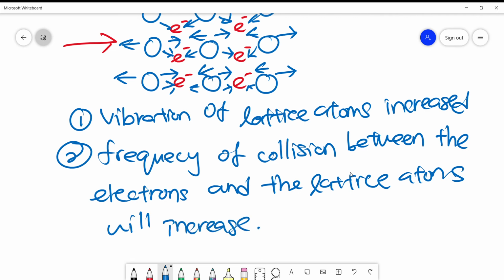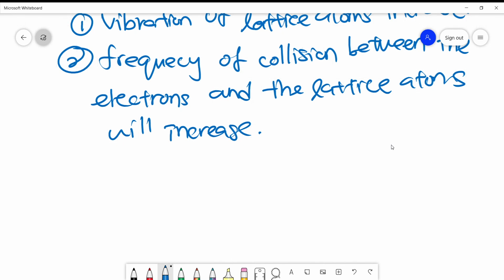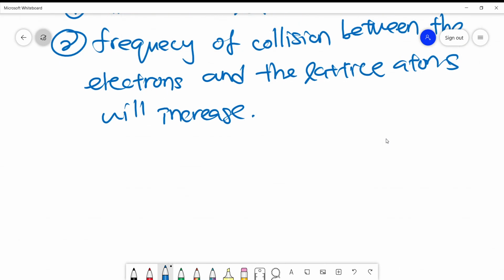So what happens if the frequency of collision between the electrons and the lattice atoms increases? We have the formula, which is the frequency equals 1 over T. This formula is actually not important. I just use it to describe the mean free time. From this formula, if the frequency of collision increases, I can see that the mean free time of the free electron is decreasing.